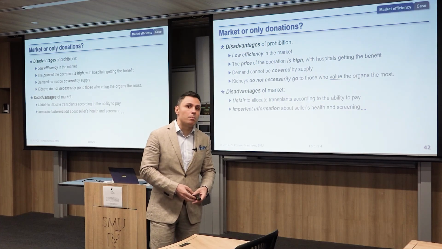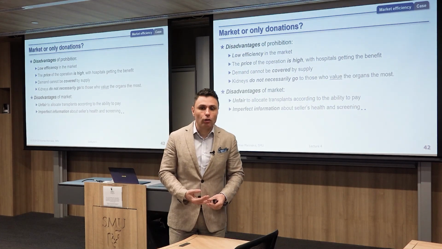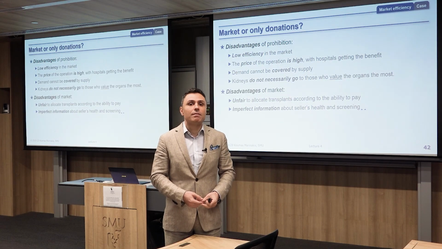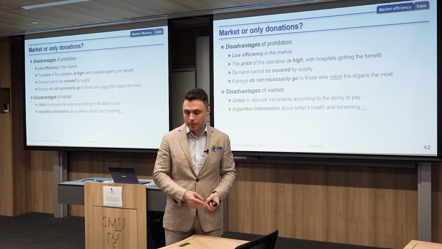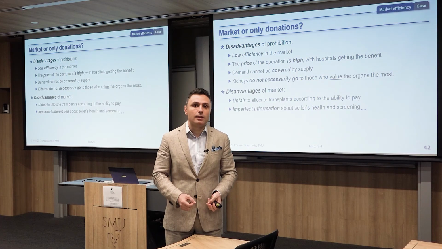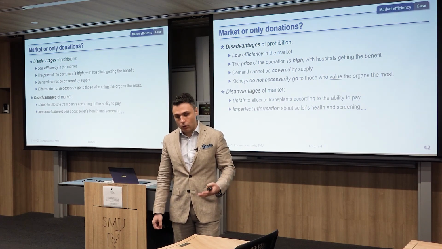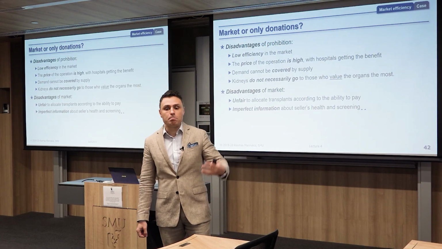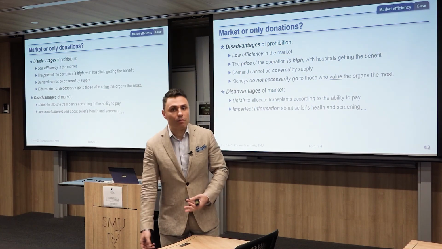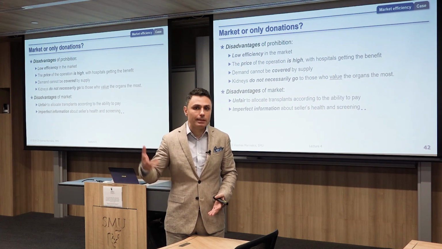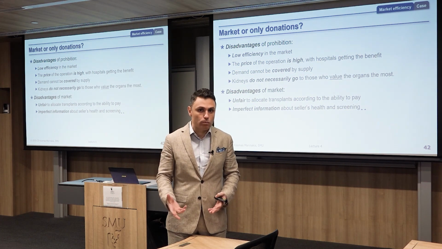And then also there are some issues of imperfect information, that a lot of people who tend to not have a very healthy lifestyle will be the first ones that will sign up for selling a kidney. Because usually you have people who need money, because mainly they make very wrong decisions in their life, and they end up needing money to cover for these serious mistakes.